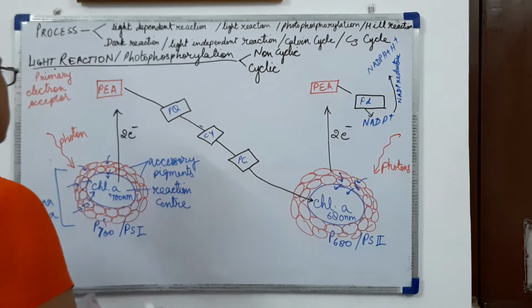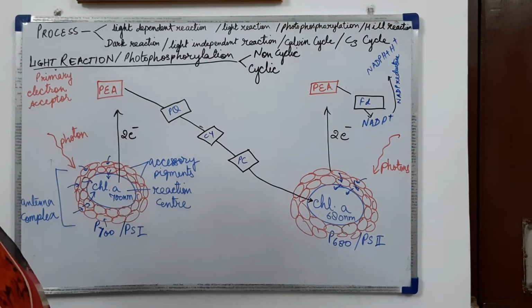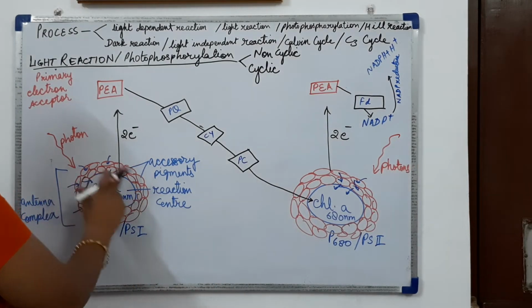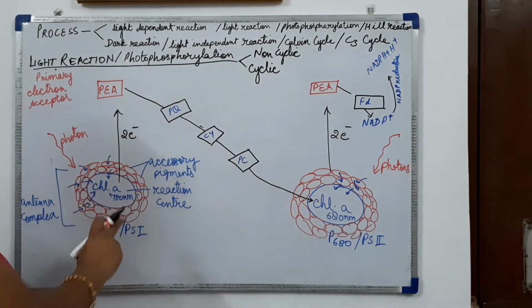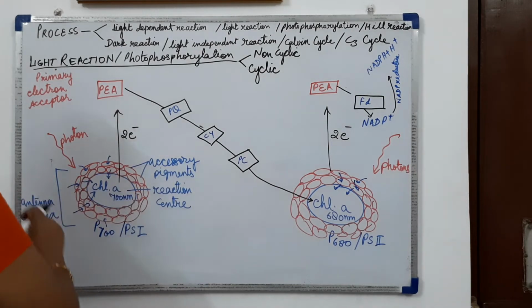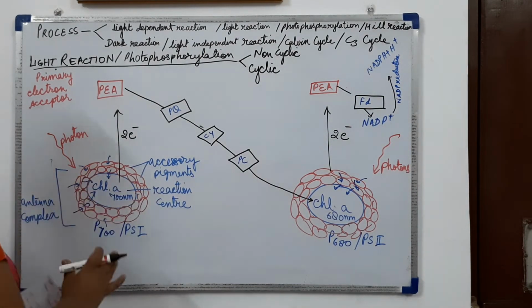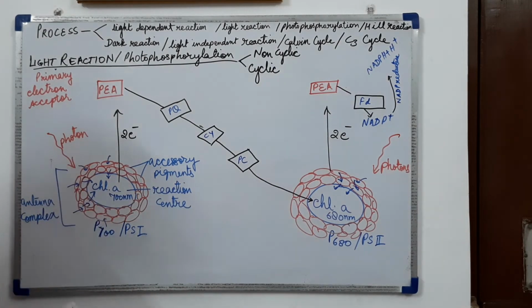So when sunlight falls on the chloroplast, it is absorbed by the accessory pigments, and they send the energy of light to the reaction center, that is chlorophyll A. Now, chlorophyll A will be of this type.